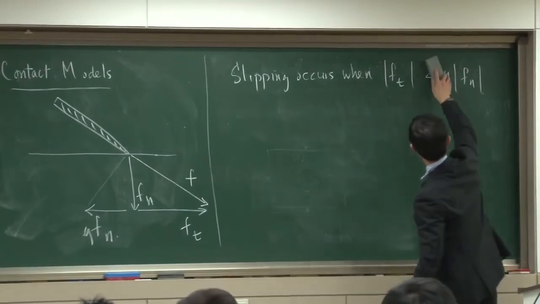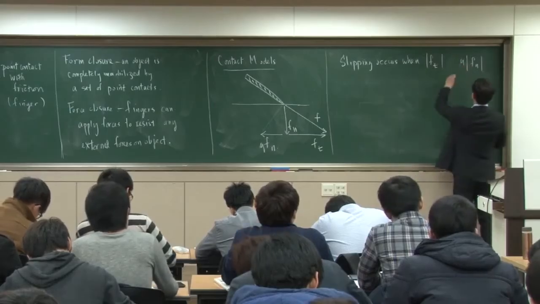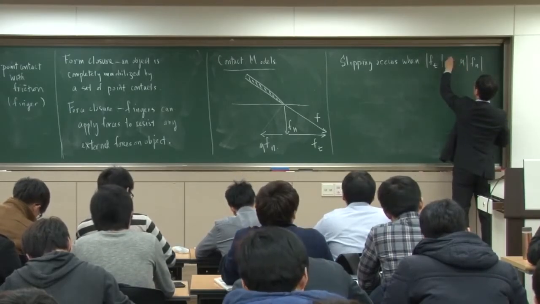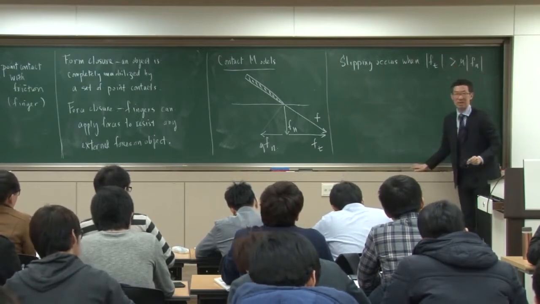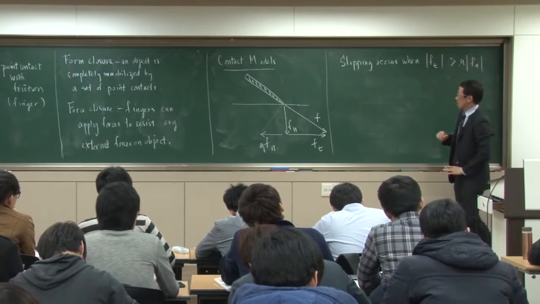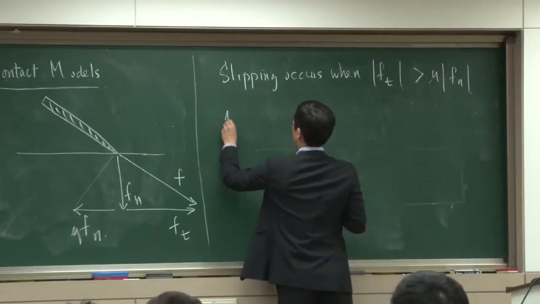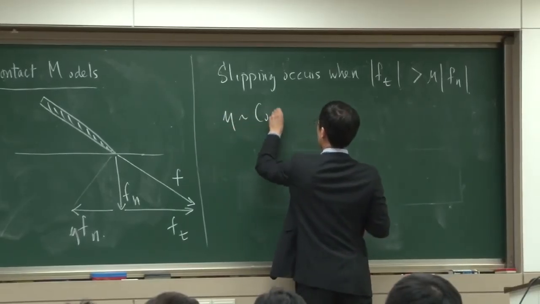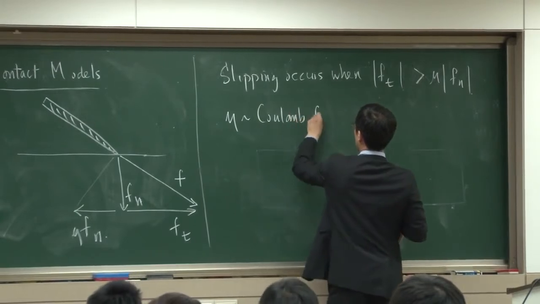Oh, sorry, I had it the other way. That's what happens. Here mu is the Coulomb friction coefficient.